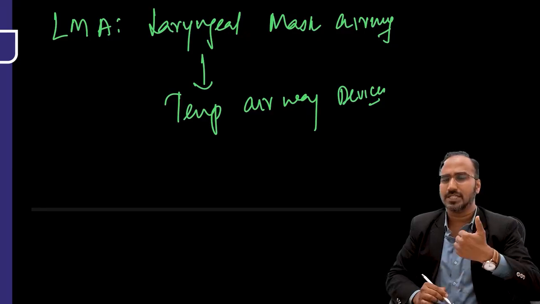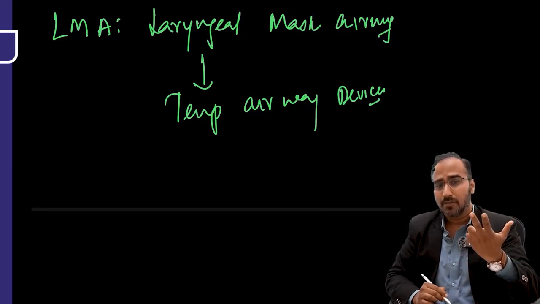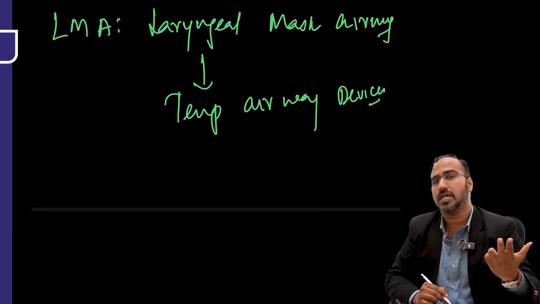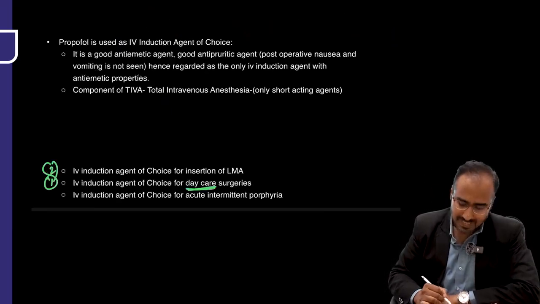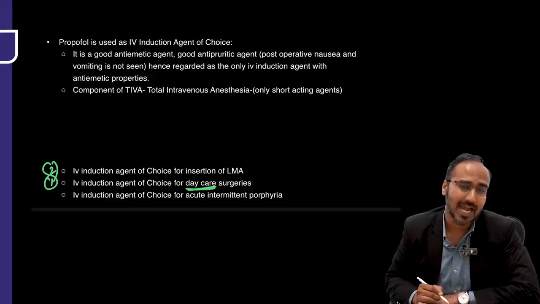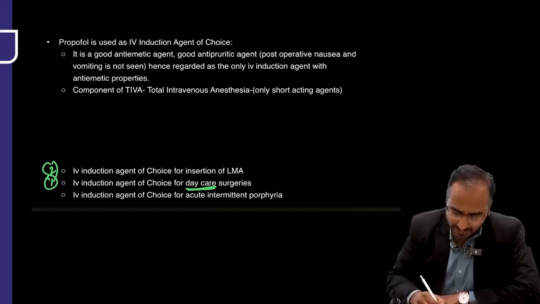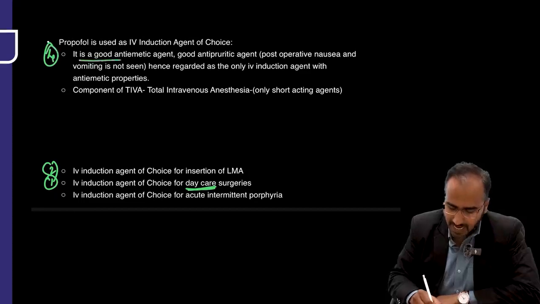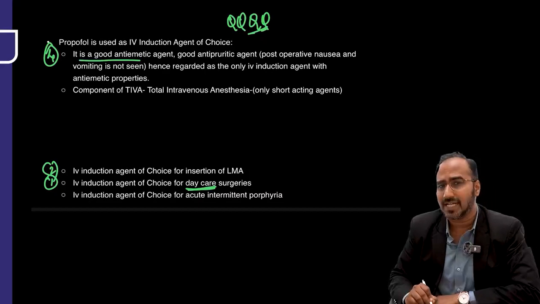So we have discussed two conditions: daycare surgery and LMA. Third, propofol is an IV induction agent of choice for porphyria. Fourth, propofol has anti-emetic and anti-pruritic property. It is the only IV induction agent that has anti-emetic or anti-pruritic property. This slide is damn important.